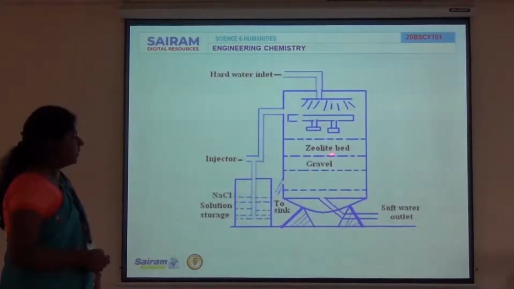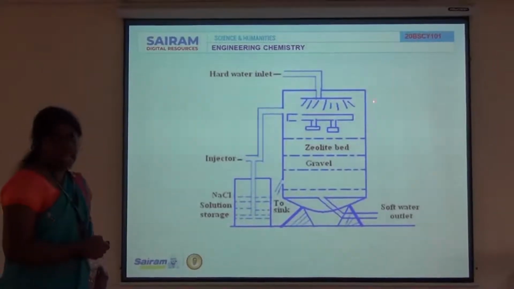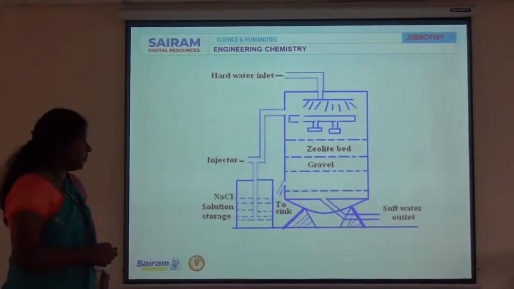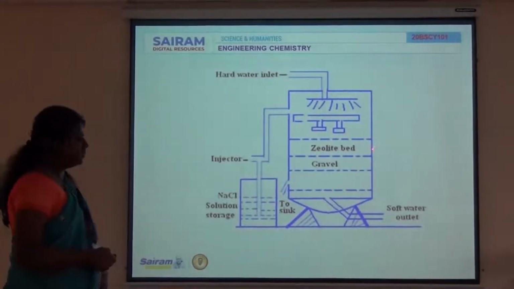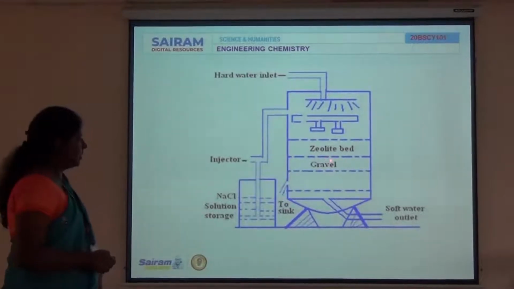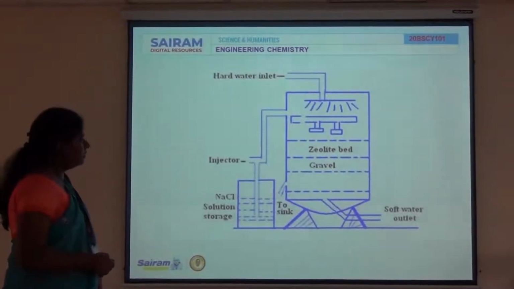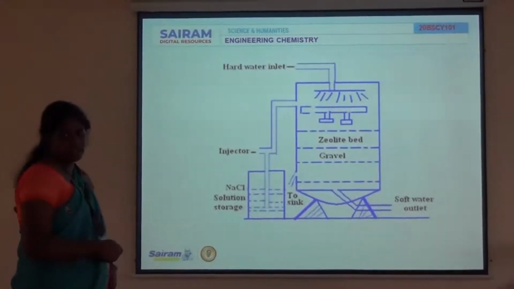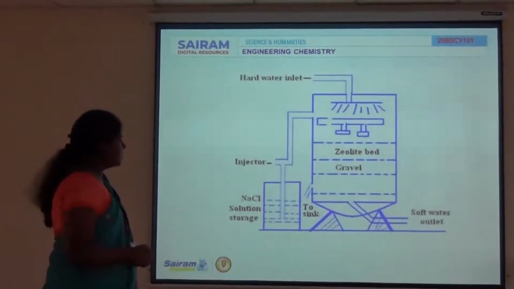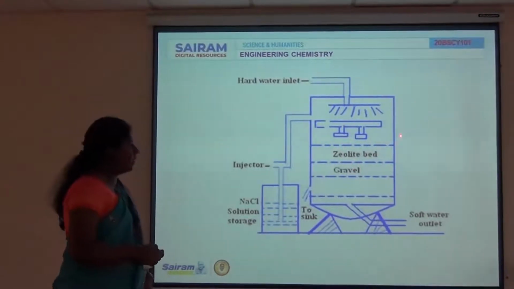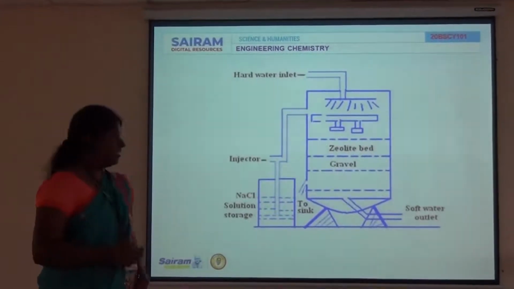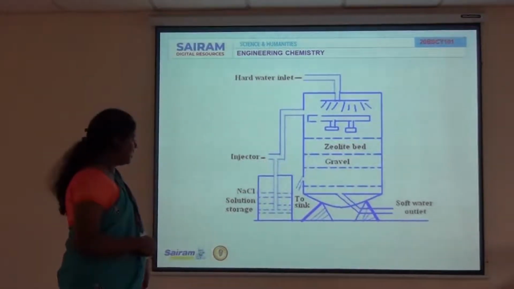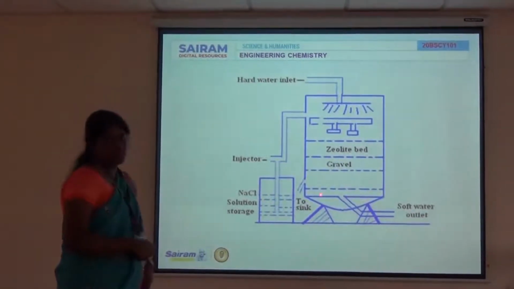This sodium zeolite is going to absorb the calcium and magnesium ions, the hardness causing substances in water, and we get the water through the outlet, and that is soft water. You can remove this zeolite bed and regenerate it using sodium chloride.